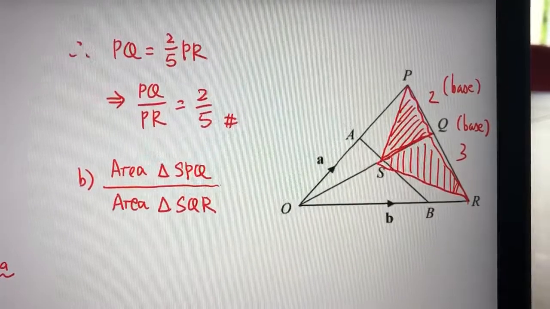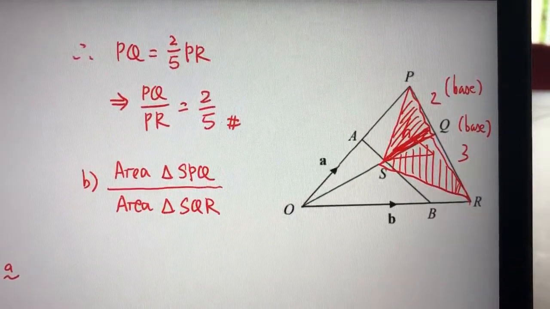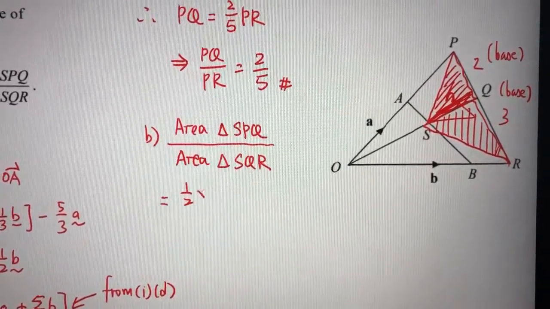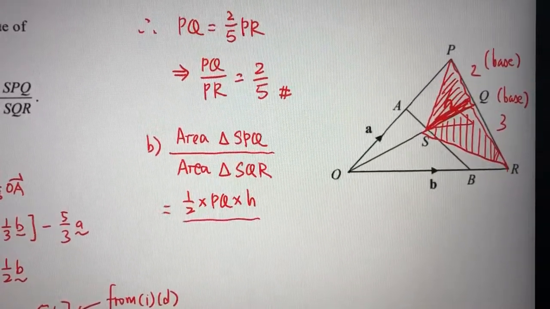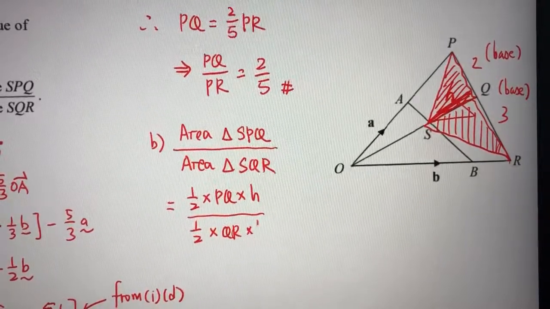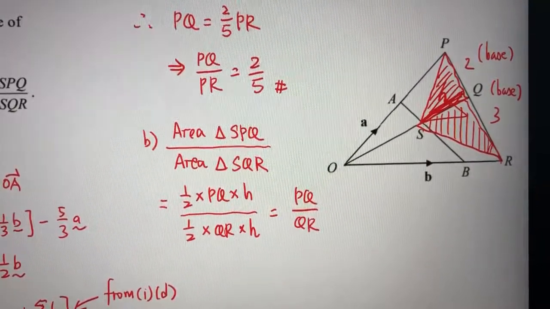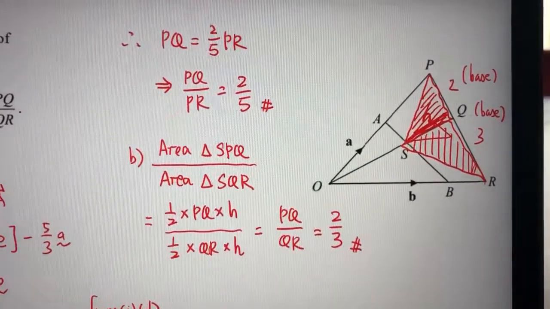And we can also say that they have a common height. So to find the ratio of these areas, for the area of SPQ, we can say that it's half times the base PQ times the common height. The SQR triangle is half times the QR base times the height. Simplify to PQ over QR and tap on the ratio that we have indicated on the diagram. The answer is 2/3.